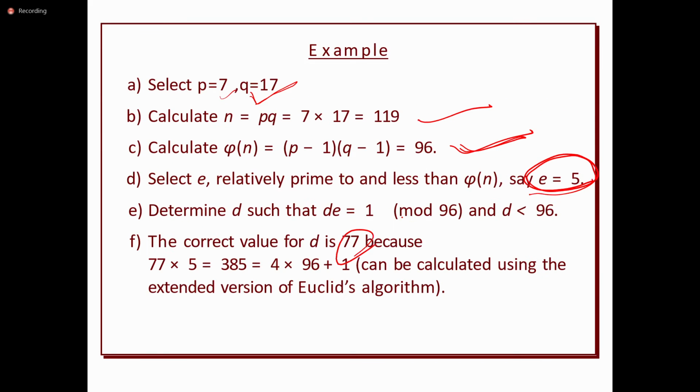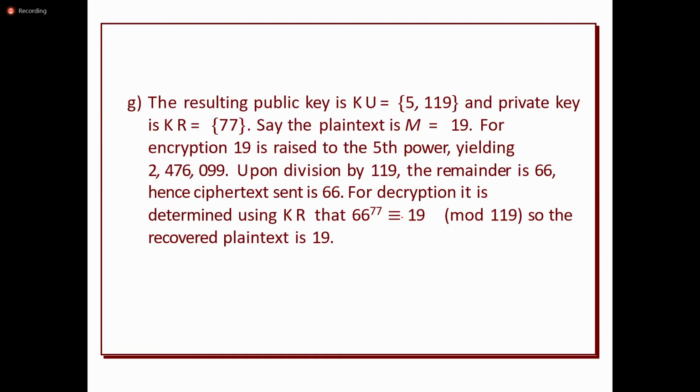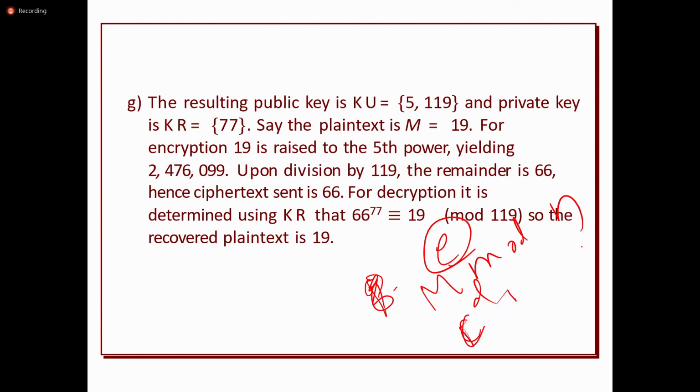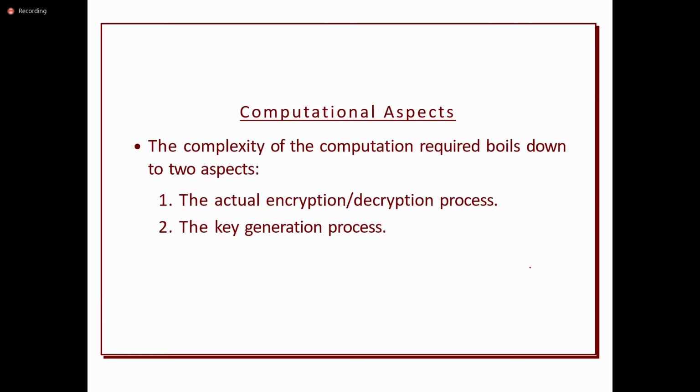Once all these values are available, encryption requires M power E mod n, and decryption requires C power D mod n. So once the E and D values are there, one can easily perform encryption and decryption with the given plaintext and ciphertext values.